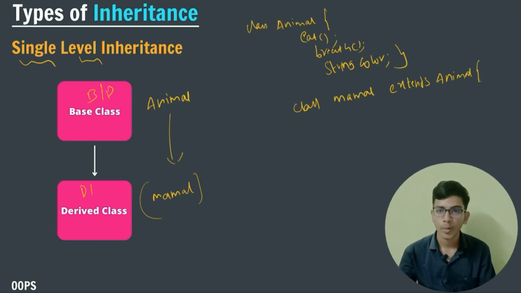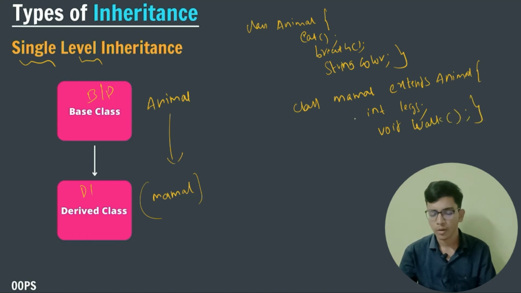For mammals we have legs, an additional unique thing. So we will write int legs. After it, we will write void walk. Mammals can walk. These are the unique properties. In my main program, when I create a mammal, let us consider dog, dog is equals to new mammal.